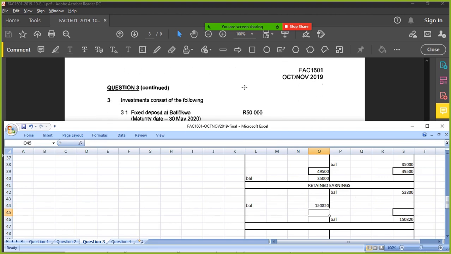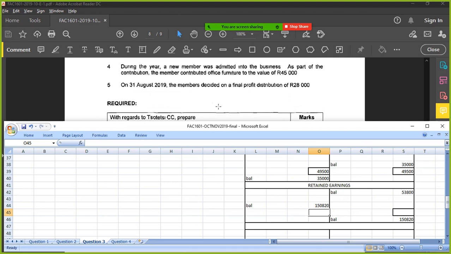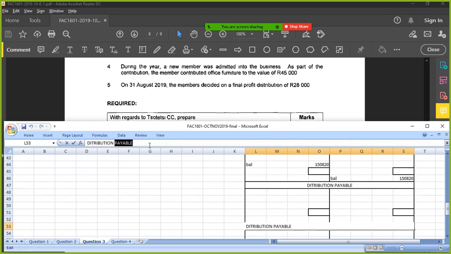Okay, they told me the profit was how much here? Oh, they didn't tell me the profit. They told me what the members distributed. So distribution to members. Let's do the payable first, and then let's do the distribution to members.